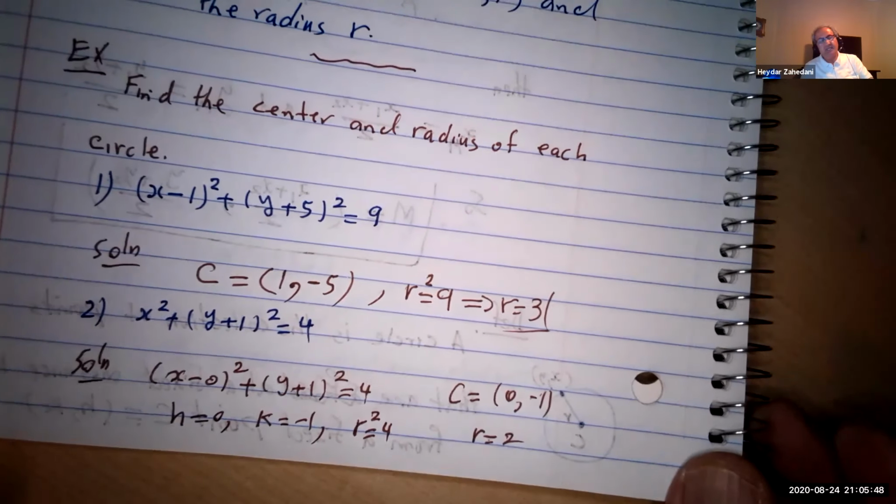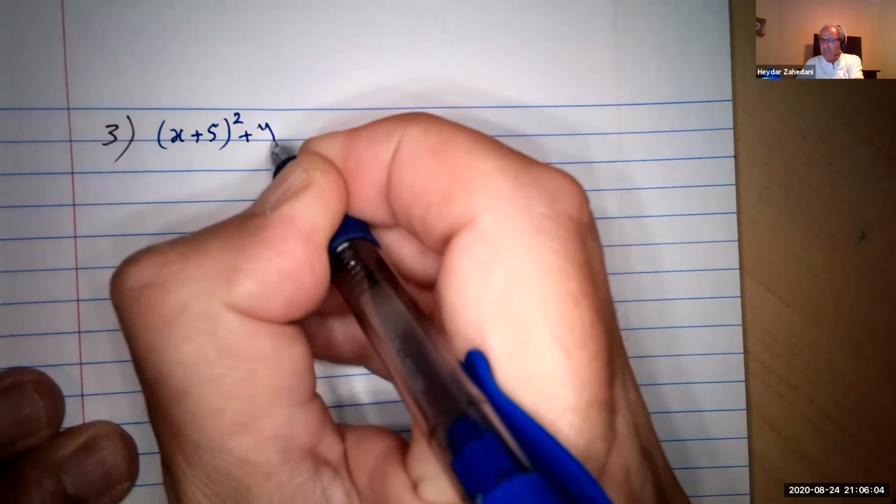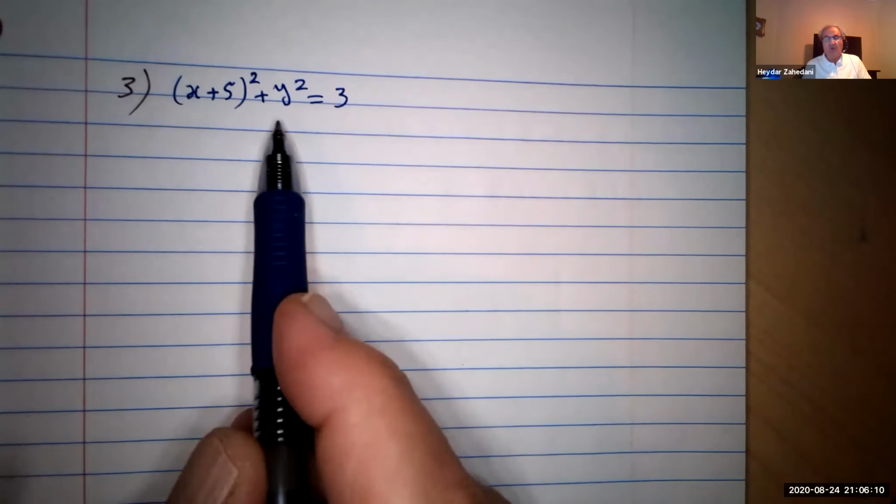It's going to be the third case. Okay, the third one is the other way around. If you're given x plus 5 all squared plus y squared equal to 3, you see over here there is no y.